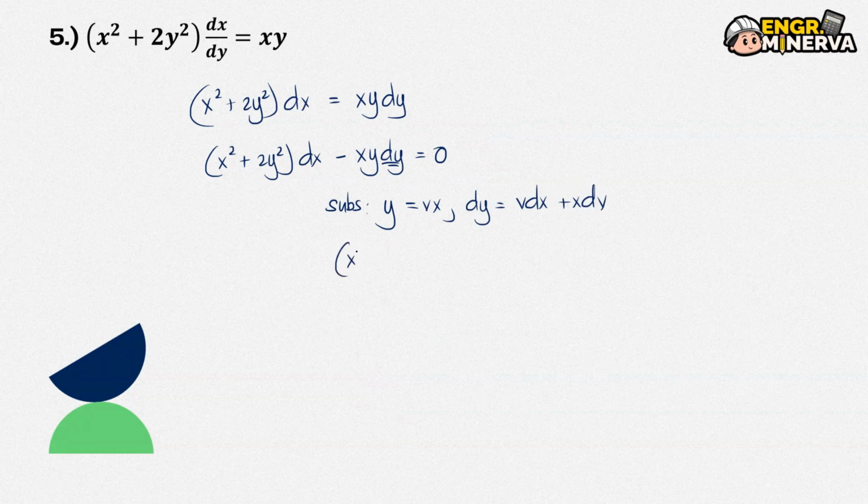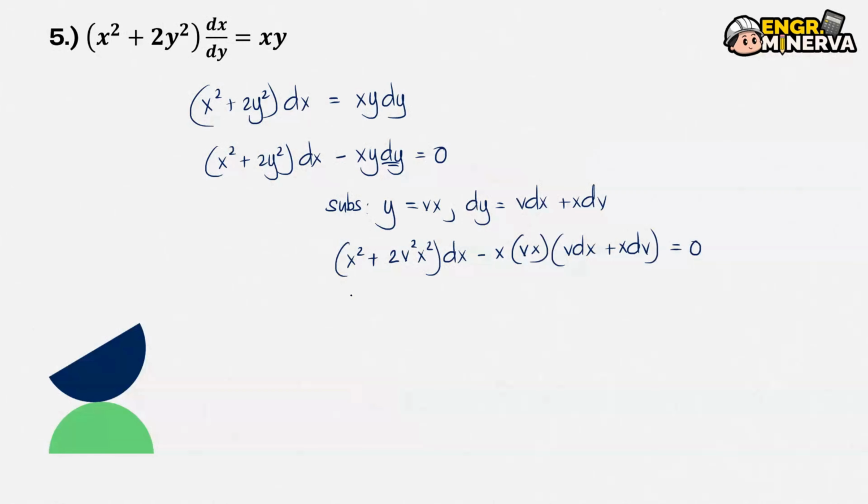Substitute, that would be (x squared plus 2v squared x squared) dx minus x, that would be vx, times (v dx plus x dv) equals 0. Simplify, that would be x squared dx plus 2v squared x squared dx. Again, this term would be simplified to v x squared.